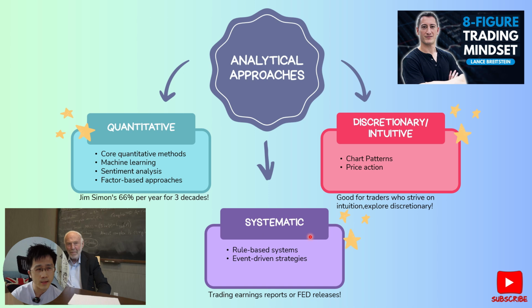So I think for most people, like 70-80% of us, we started off with discretionary trading. With discretionary trading, we really just rely on the chart pattern or some pattern that we can infer from the historical price action.